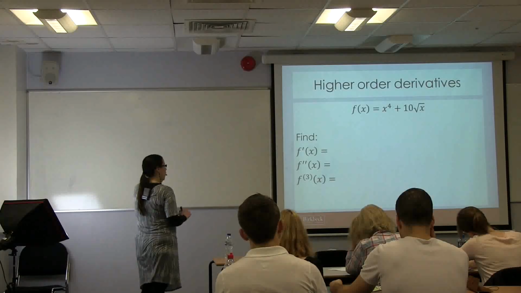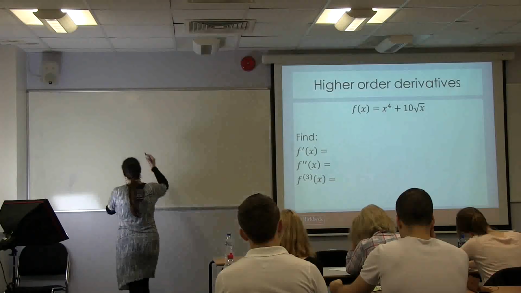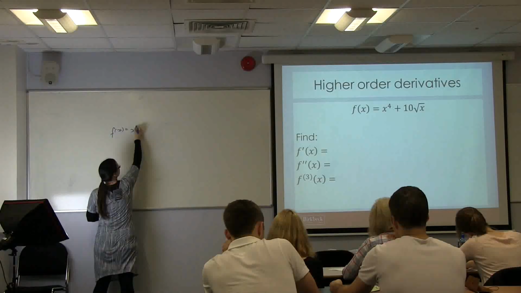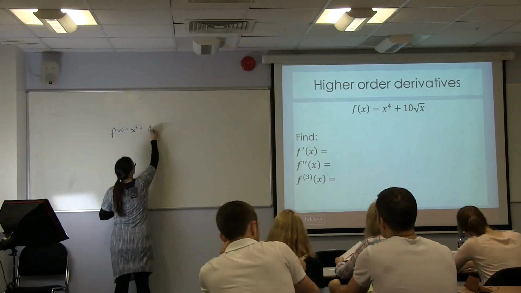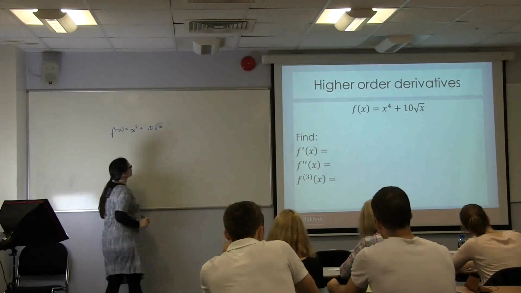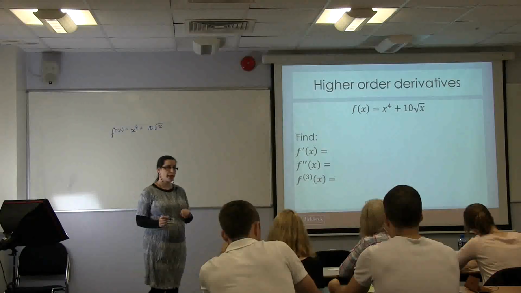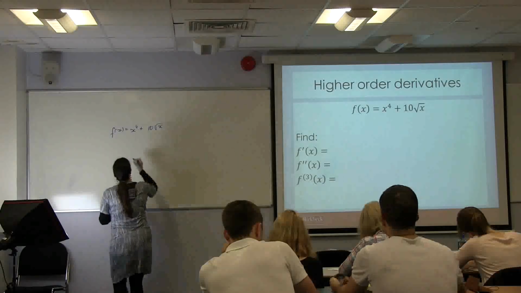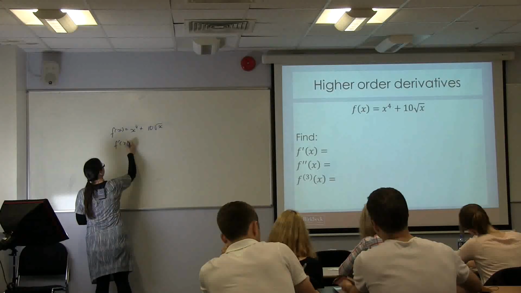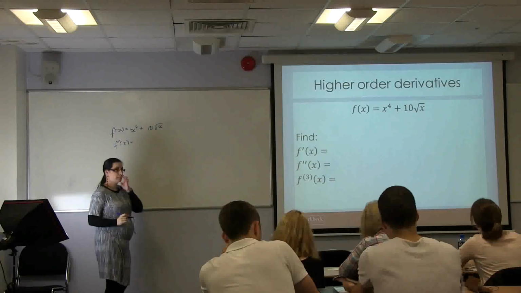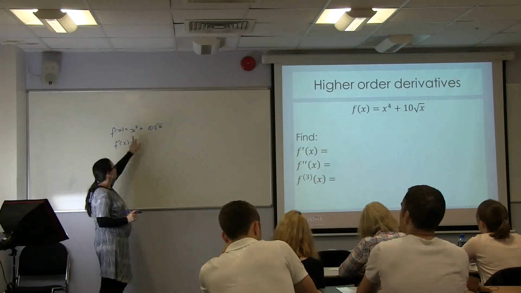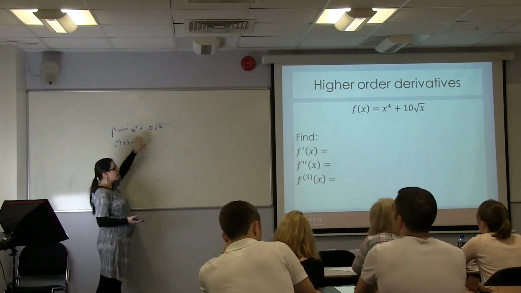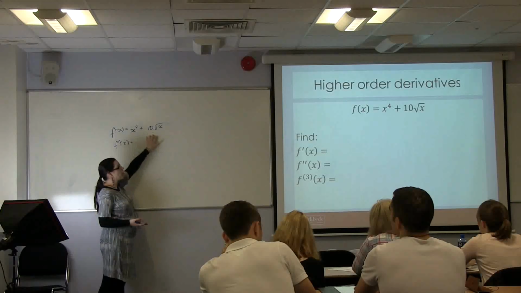So there's this function: x to the 4 plus 10 times root of x, and we need to differentiate it. Okay, so what will be the first order derivative? This is a sum of two functions, which is quite handy because we can differentiate them term by term.